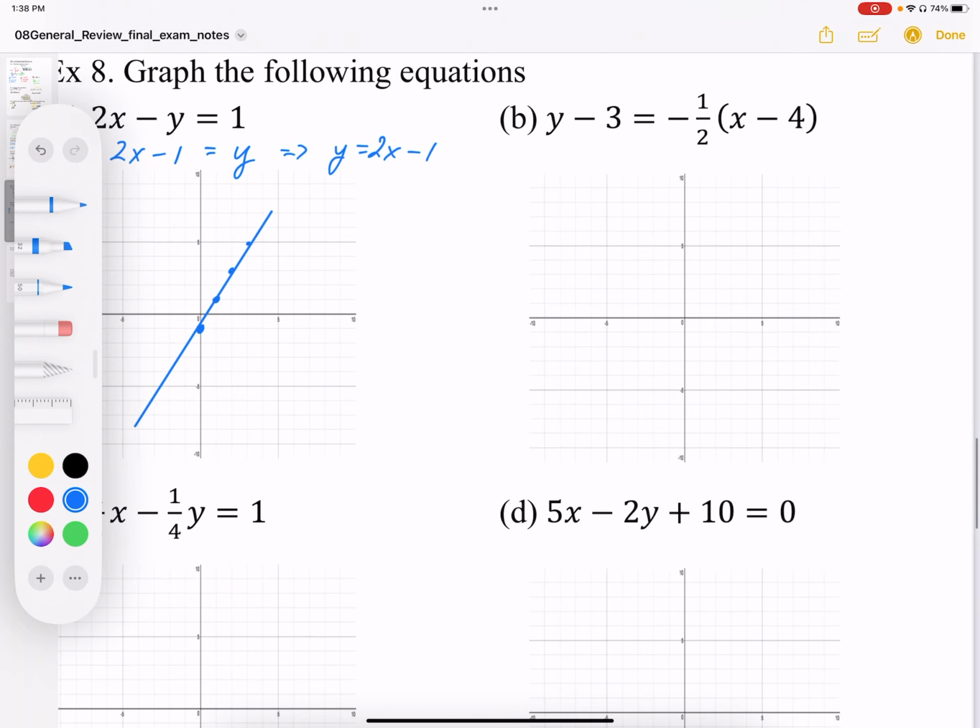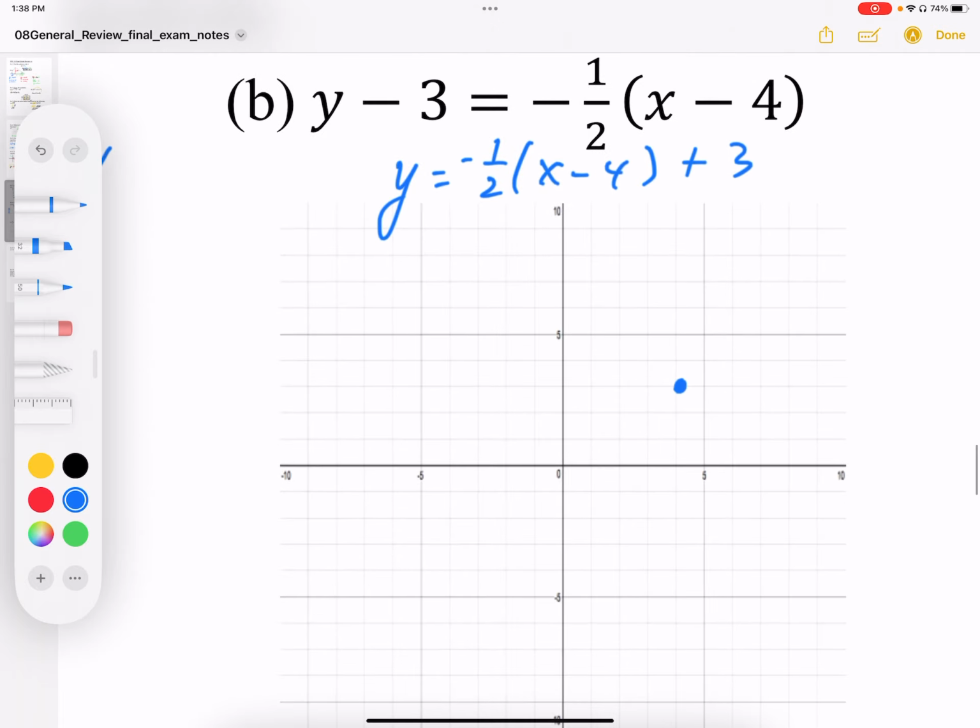This one here is in the point slope form, so our x-coordinate is 4, our y-coordinate is 3. Sometimes we see this written as y equals x minus 4, and then the 3 shows up on that side. So there's my point at 4, 3. And then I can just use the slope.